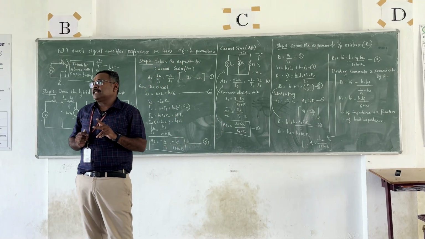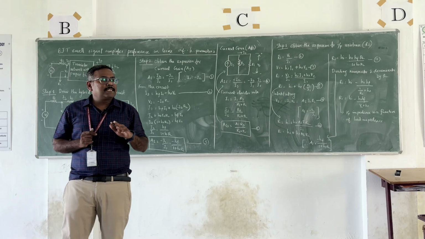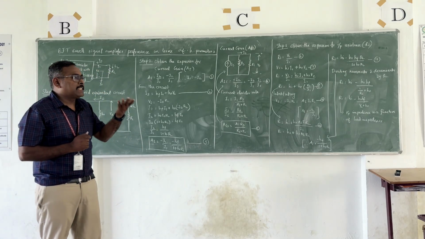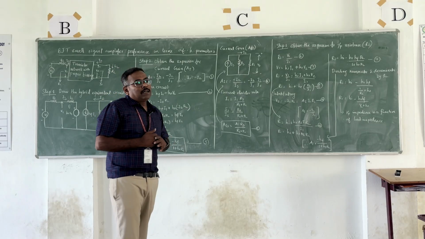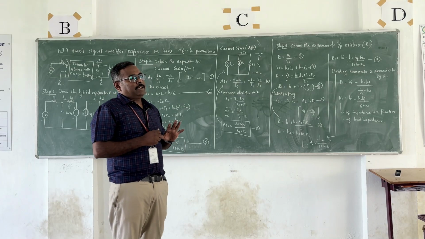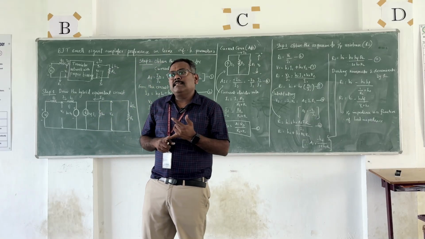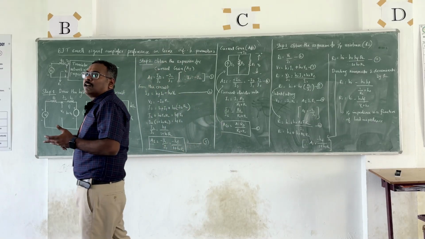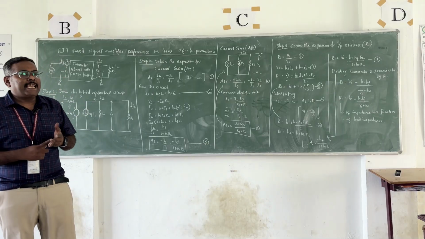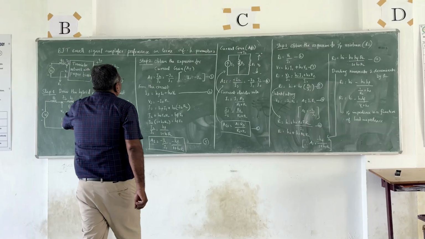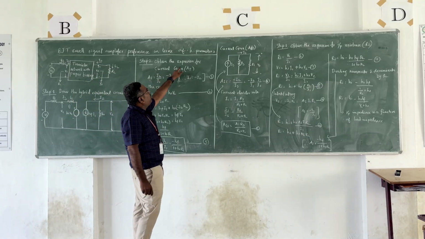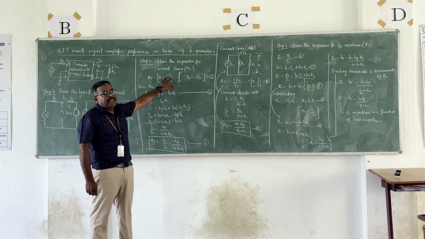To calculate current and voltage, only with resistance can we increase or decrease. So first we are going to obtain the expression for current gain. Second, input resistance. Third, output resistance, voltage gain and power gain. We are going to calculate all these.